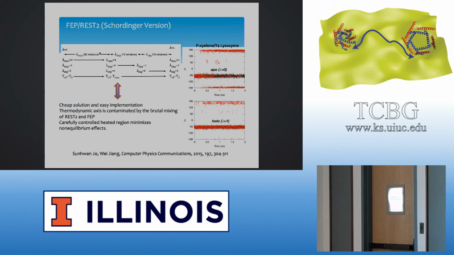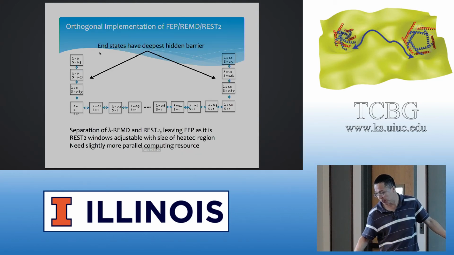But with REST2 applied, around half a nanosecond, we observed the apo to holo state conversion. So the black dots represent a very typical Hamiltonian lagging problem. In that case, the system is always trapped in the initial state for a very large time scale, even though you already changed to a new Hamiltonian.